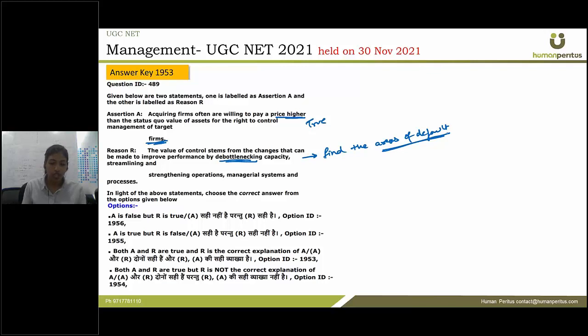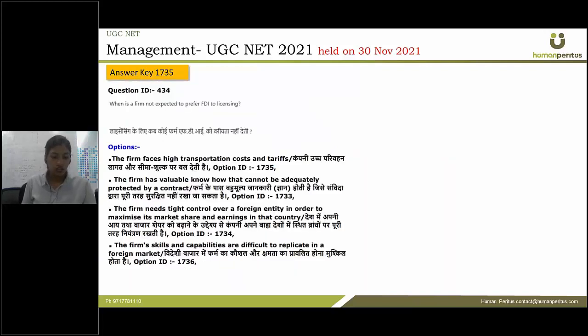So when you pay a higher price for the right of control, with that control you can improve performance by debottlenecking, streamlining or strengthening operations or managerial systems. So this one is also true and it provides the reason. So the answer is that both A and R are true and R is the correct explanation of A.